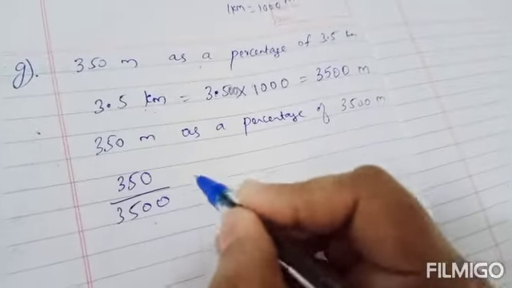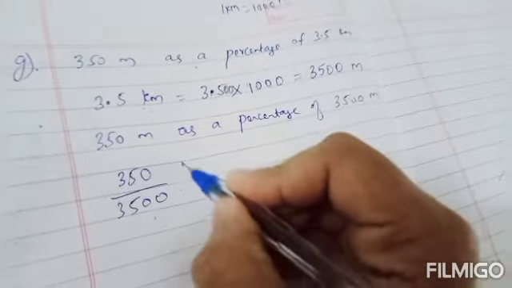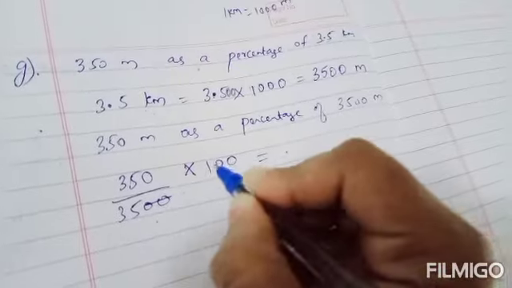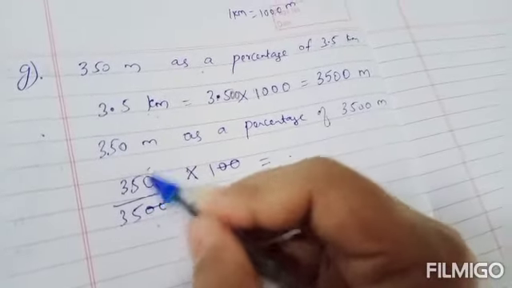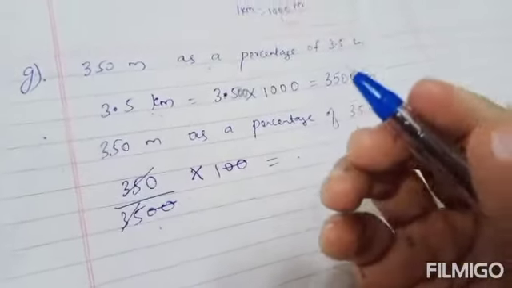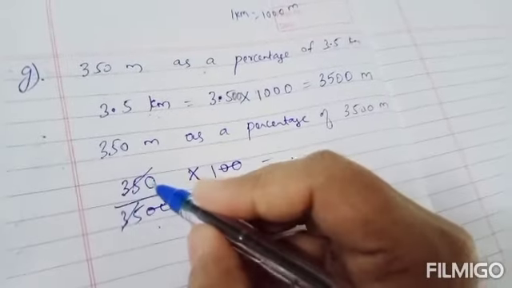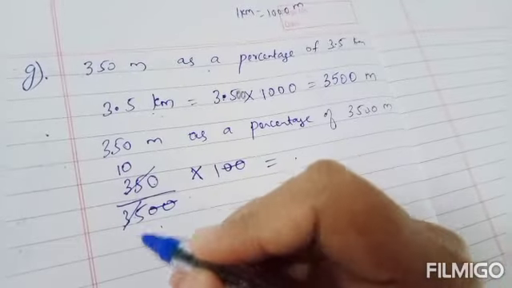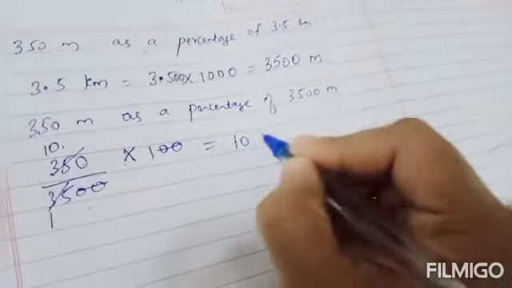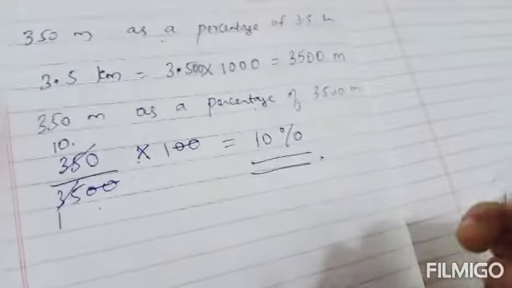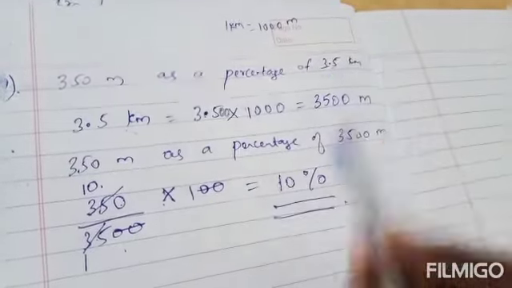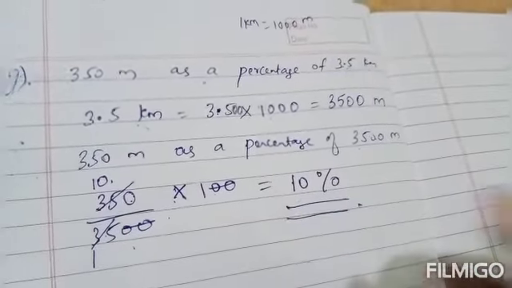Now multiply this fraction by 100. Here 2 zeros you can cancel. Now 350 and 35 will go in 35. 350 divided by 35 is 10. 35 divided by 35 is 1. So the answer is 10 into 1, 10 percentage. Okay, 350 meter as a percentage of 3.5 kilometer is 10 percentage.